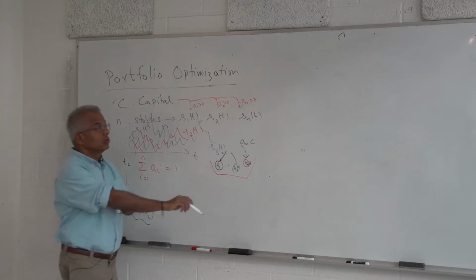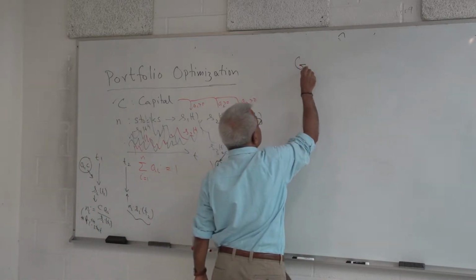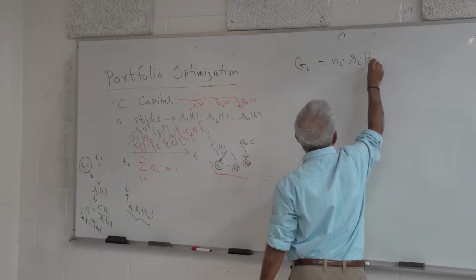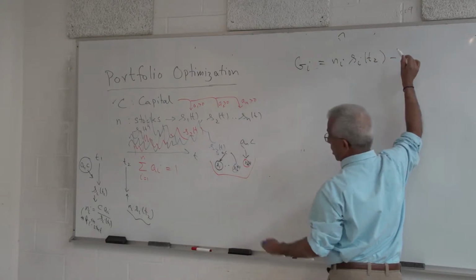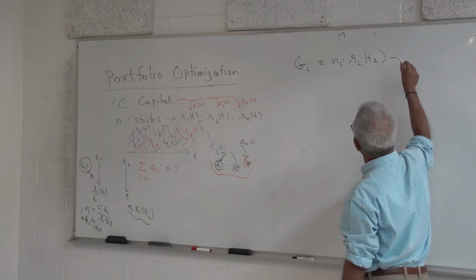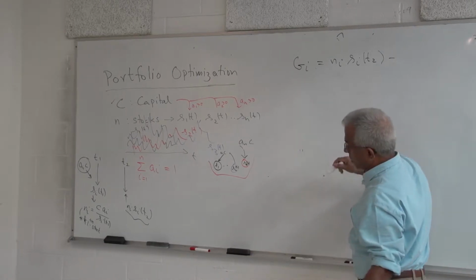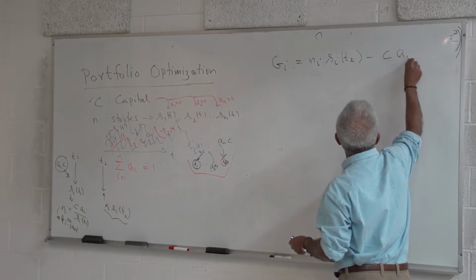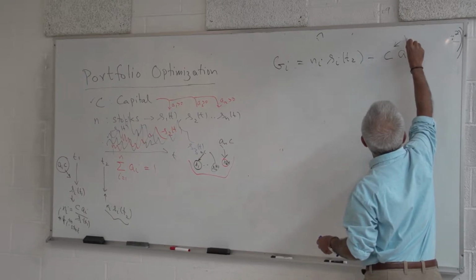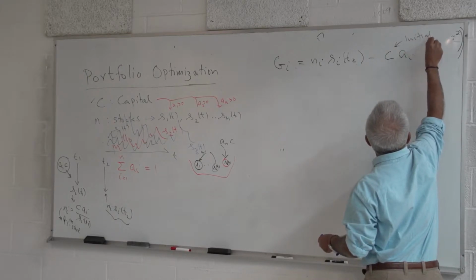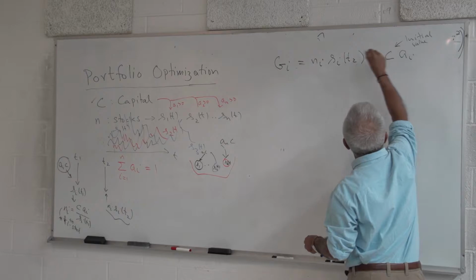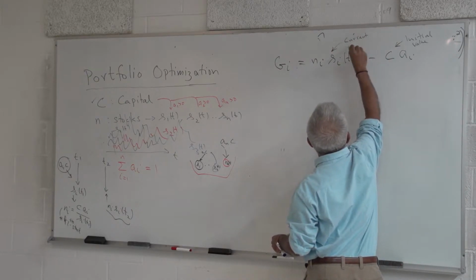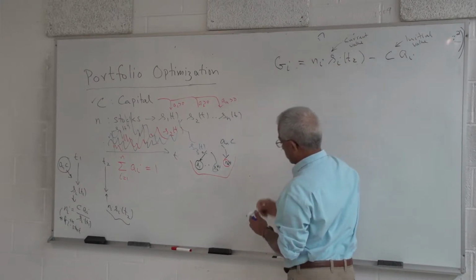So the gain Gi, which could be positive or negative, is Ni multiplied by the current value minus the original money invested, which is Ni multiplied by the initial value, or simply CAi. This is the initial value invested. This is the current value for that particular stock.